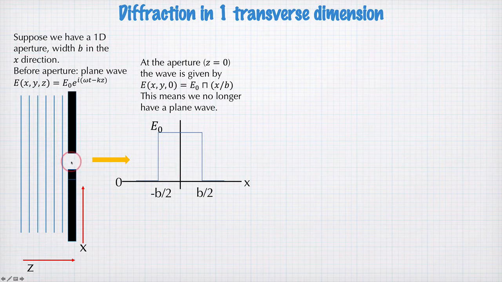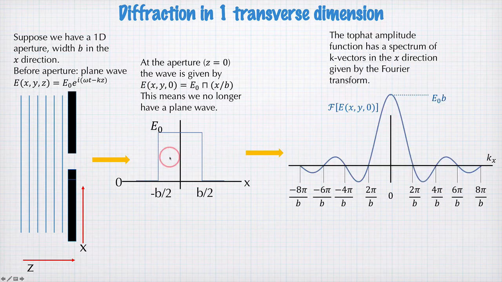In a plane wave traveling in the z direction, kx is purely 0, but for a shape like this square wave pulse, we know that the values of kx are not 0 because we can take the Fourier transform of this shape and find out what its spectrum of kx values actually is. If we take a Fourier transform of this, this is what we see. We see a sinc function for the amplitudes of the different values of kx. And this is the Fourier transform of this top hat function taken at z equal to 0.